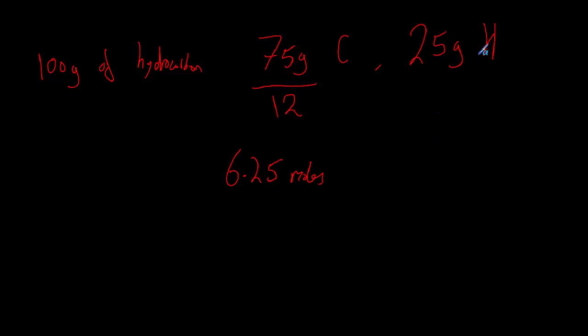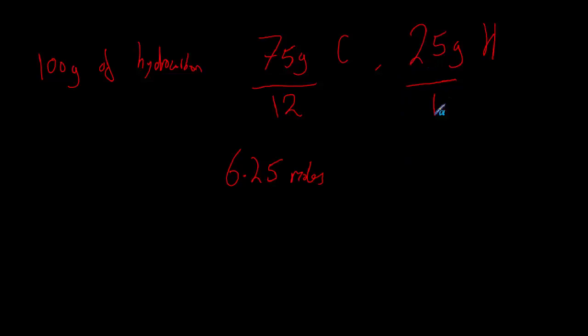Now, hydrogen has a molar mass, or an atomic mass, sorry, of 1 gram. So 1 mole of hydrogen weighs 1 gram. So here, if we had 1 gram, we would divide that by 1 and we would get our answer of 1 mole. However, we have 25 grams, so you should probably realise already that's going to give us 25 moles.